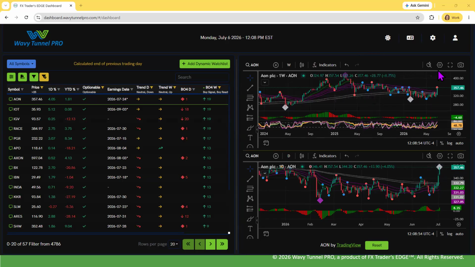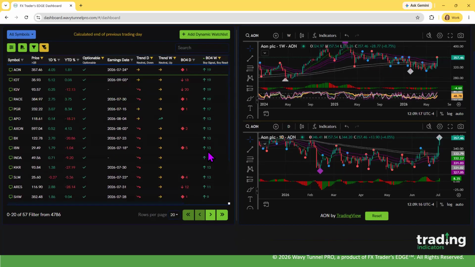But let's look at the weekly and see how the buy ready and the buy signal came about. When the arrow is up, this indicates buy signal. When it is a diamond, it indicates buy ready. Buy ready means that the diamond, the gray semaphore, has printed.